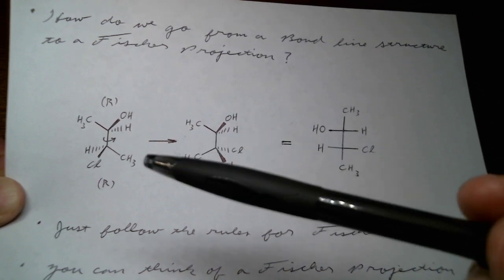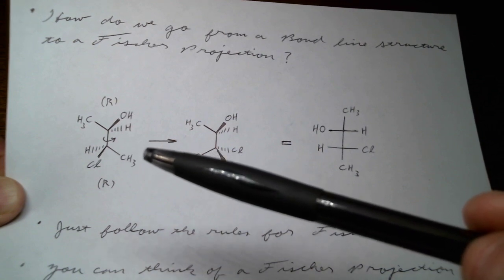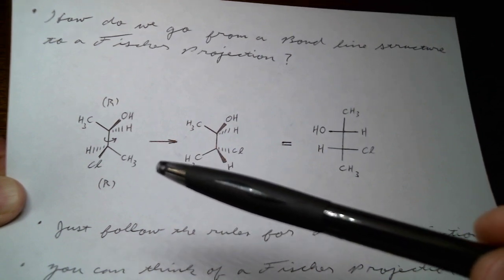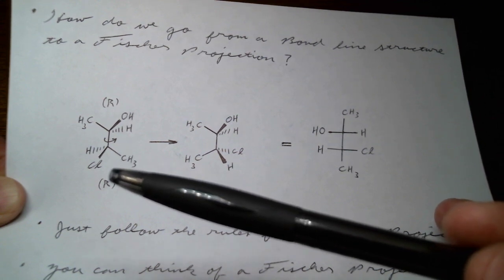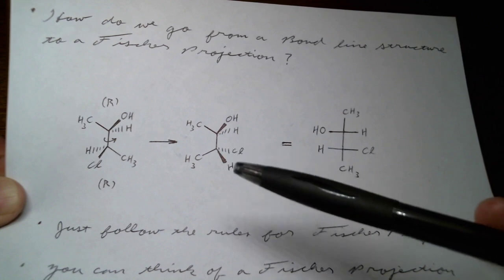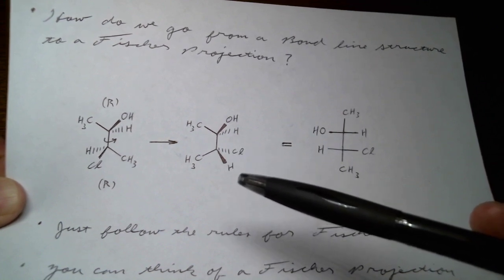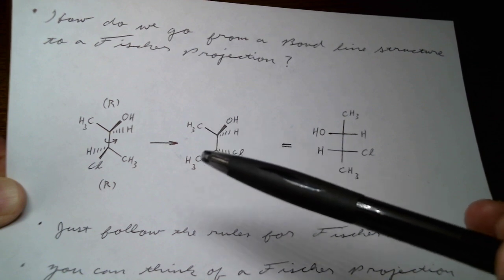So if we take this bond line of our RR 3-chloro-2-butanol, what we should do to make it a little easier is go from the staggered conformation to an all-eclipsed conformation where we've got our carbon backbone in the plane of the page.